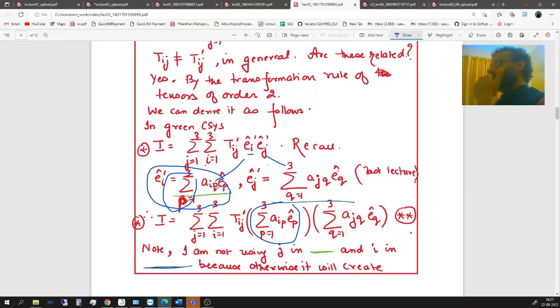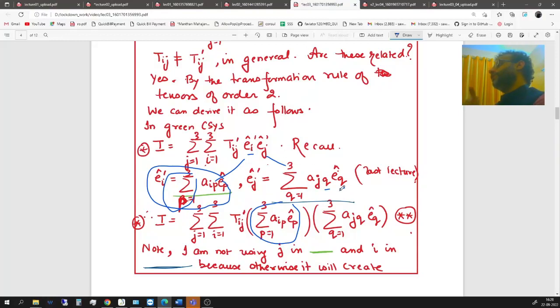So I can choose this repeated index to be anything but not I and not J. Similarly, when I am replacing Ej prime by AJQ EQ, I am again being careful that the new repeated index, which is Q here, should not be I, should not be J, and should not be P even, because P has already been taken. So it can be anything but these 3.